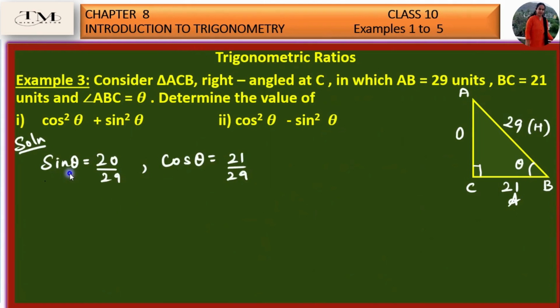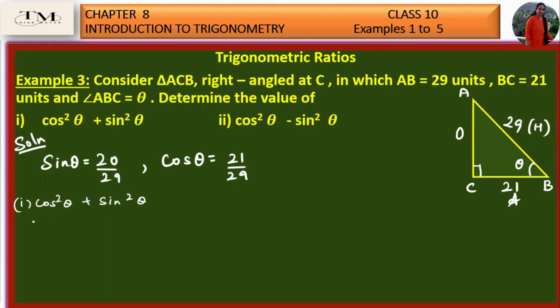In this page we got sine theta is equal to 20 by 29, cos theta is equal to 21 by 29. Now we have to find out the values of the first question and the second question. Now the first part is cos square theta plus sine square theta. So what is cos theta? Cos square theta is nothing but cos theta whole square.